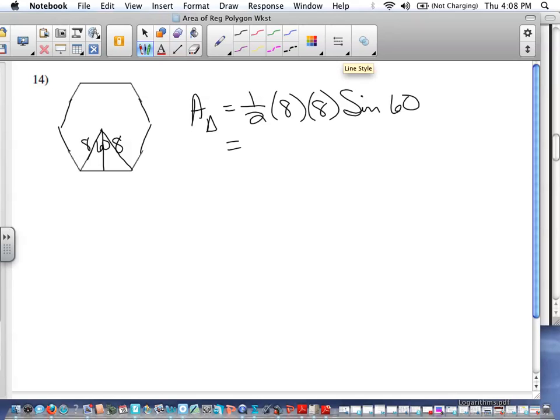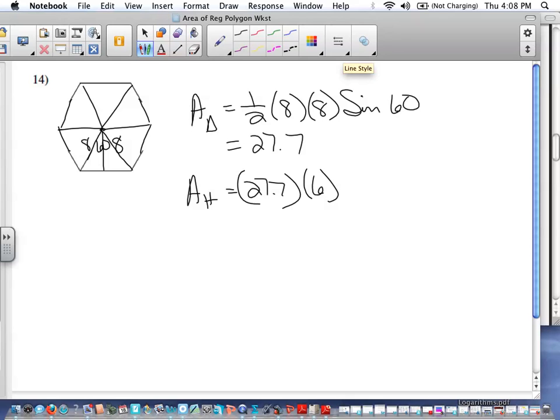So in that case you would have 27.7 is the area of one triangle. There are 6 congruent triangles in a regular hexagon, so the area then of the hexagon is equal to 27.7 times 6, which should be approximately 165.6.